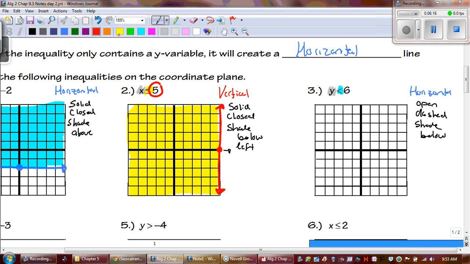So let's go ahead and draw that at 6. Now 1, 2, 3, 4, 5, up. How am I going to fit that on my graph? Well, if we count by 2's instead, like 2, 4, 6. Oh, there we go. So at 6, it's going to be open, and it's going to be a dashed line. And then we said that we have to shade below. So I'm shading below.